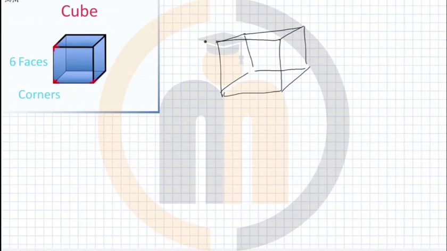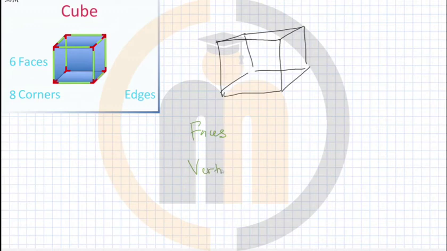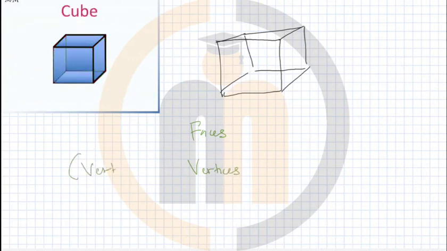This is not really the greatest drawing. We have a few different properties we need to look at. We have faces. Then, instead of corners, we call them vertices. This is plural, but it's actually a vertex for one. And lastly, edges or sides.